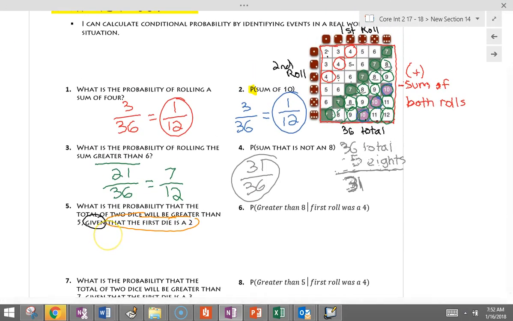So, I'm going to circle where my first die is a 2. That's all these. How many do I have? 1, 2, 3, 4, 5, 6. I have 6 options if I already know my first die is a 2. How many are greater than 5? Well, that's 1, 2, 3: 6, 7, and 8. That's 3 out of 6, which is 1/2.